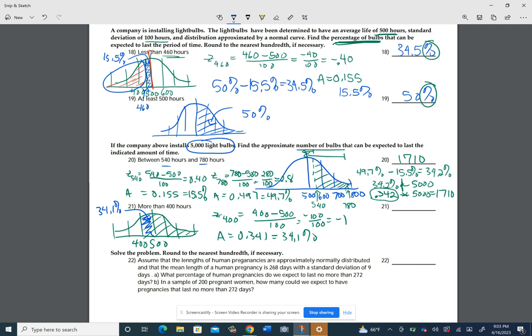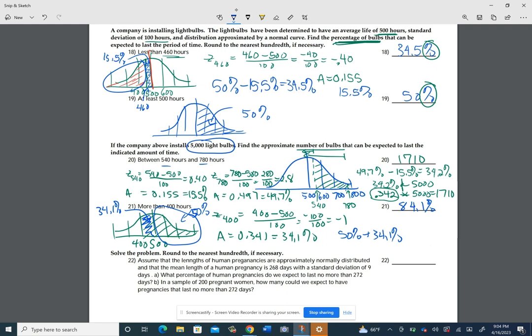But notice I want all the way from 400 on up, more than 400 on up. So I will think about how this piece right here is 50%, right? Half of it. So I'm going to take 50% plus 34.1%, and that's going to give me 84.1%.